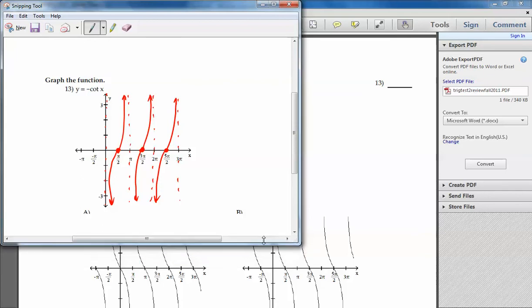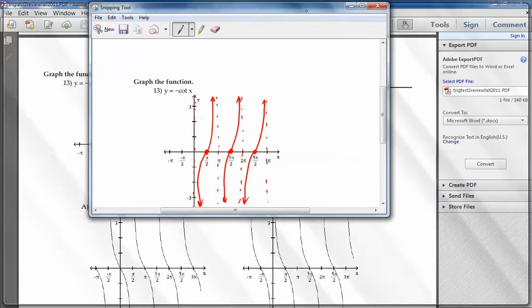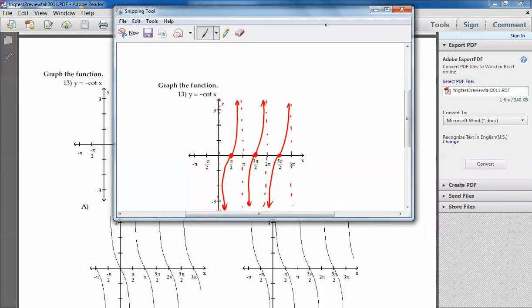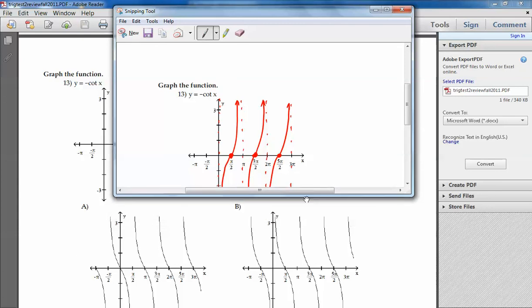We want to compare our graph to the ones we have down here. The first graph crosses at 0, so we know that's wrong. The second graph, we do have a vertical asymptote at 0. We cross at pi over 2. Looks like we have a vertical asymptote at pi. You say, how do you know there's not a dotted line there?